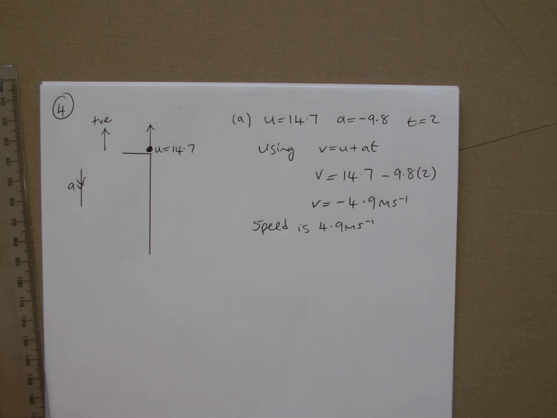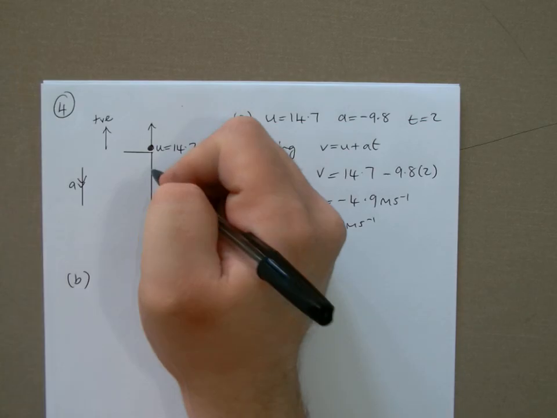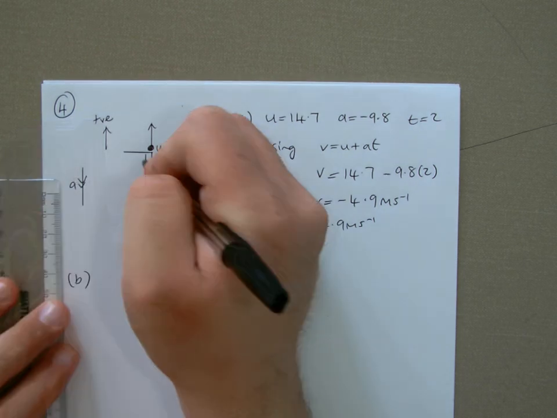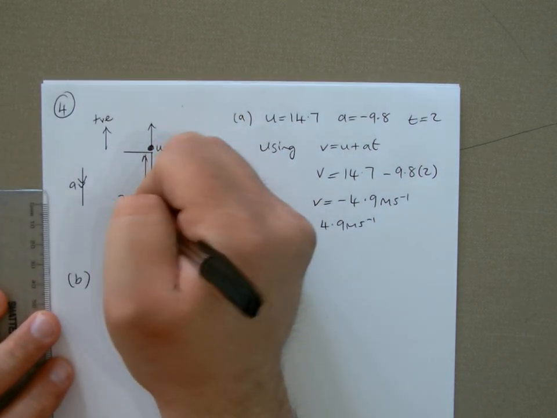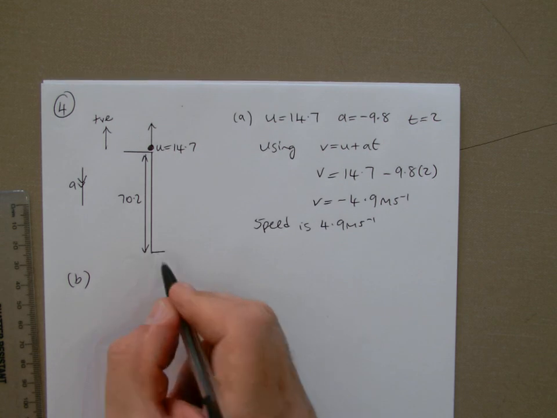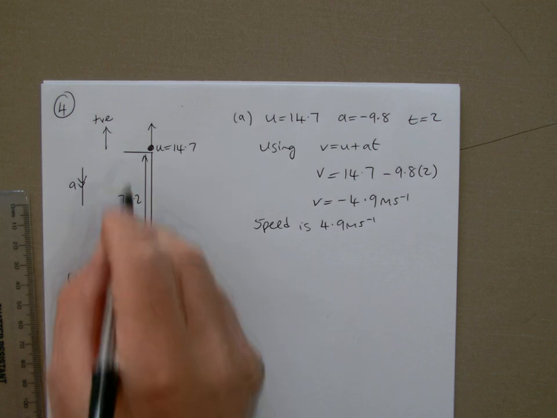Okay, so part B then, calculate the speed of the pebble when it hits the ground at the foot of the cliff. Because we know that the height of the cliff is 70.2, that's going to come in use here because when it hits the ground, the displacement is going to have something to do with this.